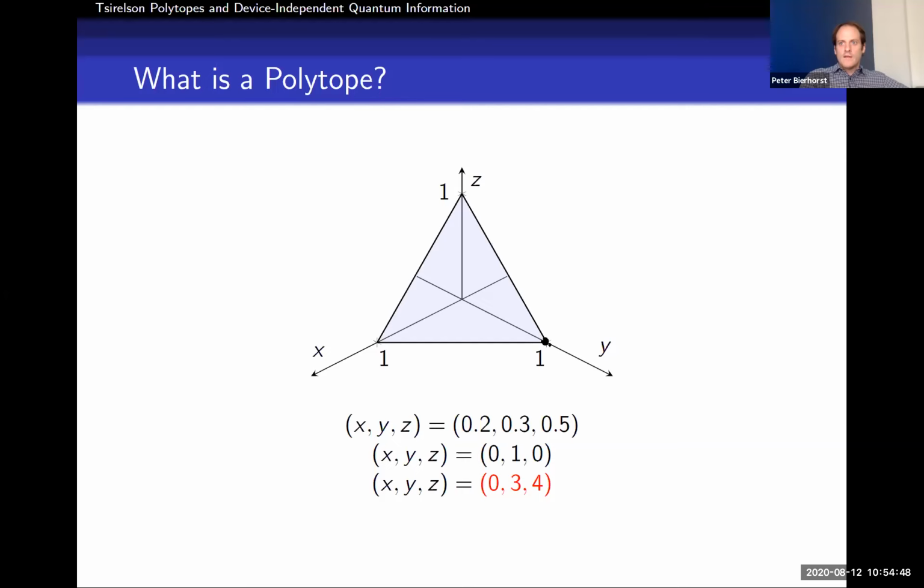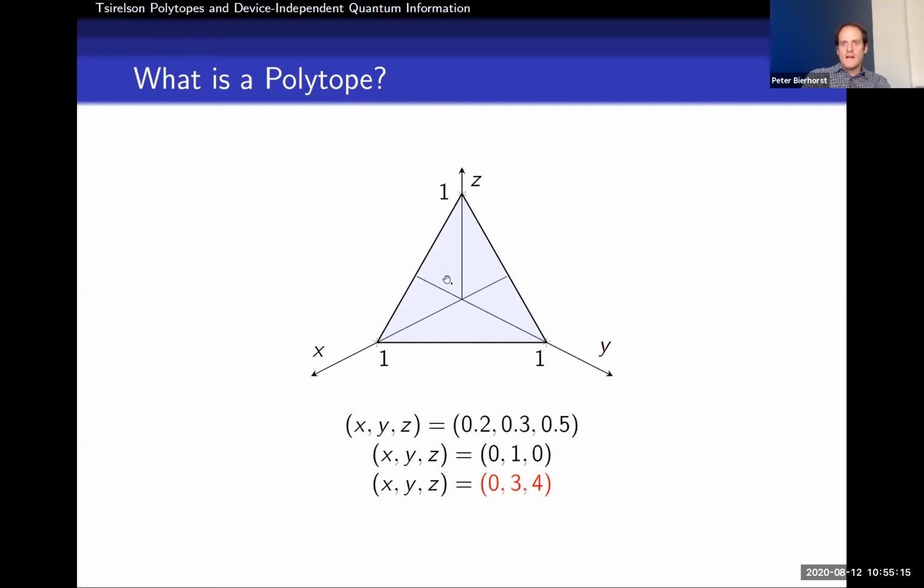So this point corresponds to the probability distribution where there's 3 things that can happen, but one of them always happens with probability 1. But then we also have other points in this polytope. We've got 0.2, 0.3, 0.5. This would be x happens with probability 20%, y happens with probability 30%, and z happens with probability 50%.